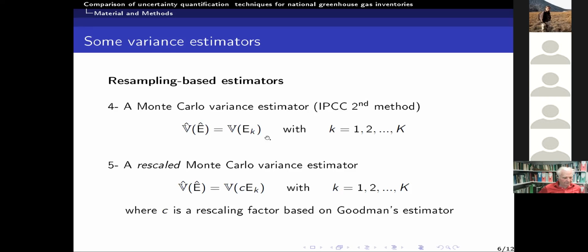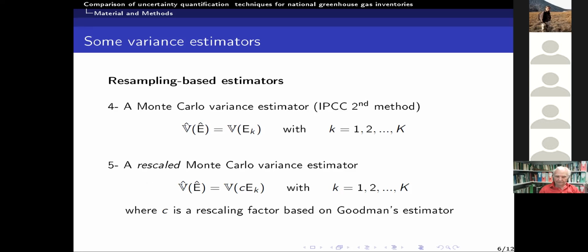It turns out that through mathematical development, you can show that this method is as biased as the naive estimator. Namely the bias is again twice the product of the 2 variances. What we can do, we can rescale this Monte Carlo variance estimator by multiplying our realization by a factor, and that factor would be based on Goodman's estimator, which is known to be unbiased. Okay, so that was the 5th estimator that was tested in this study.